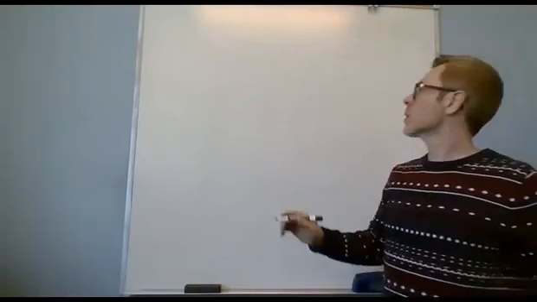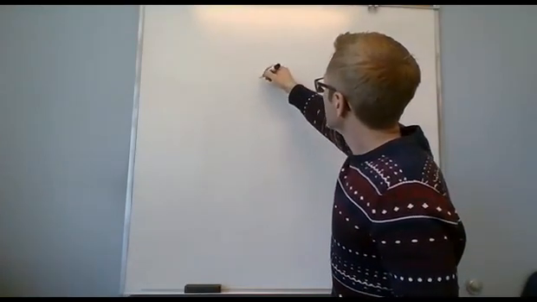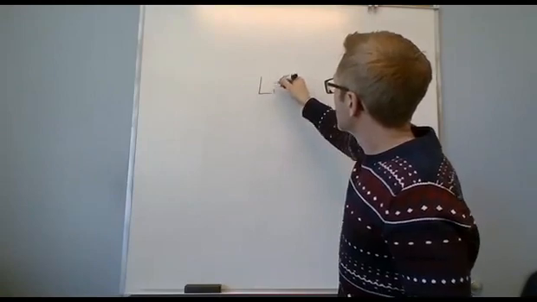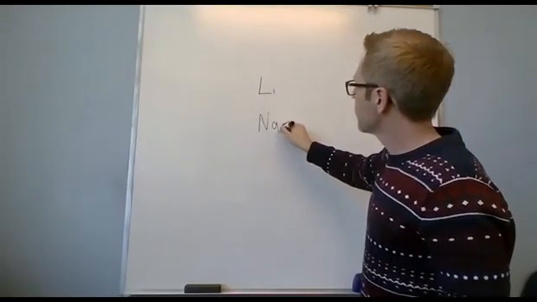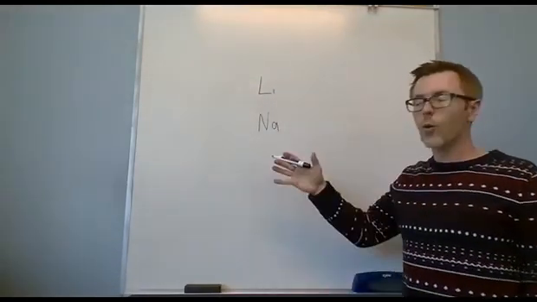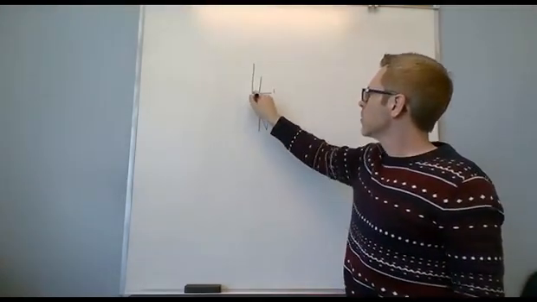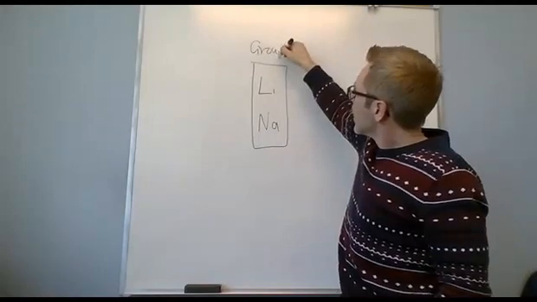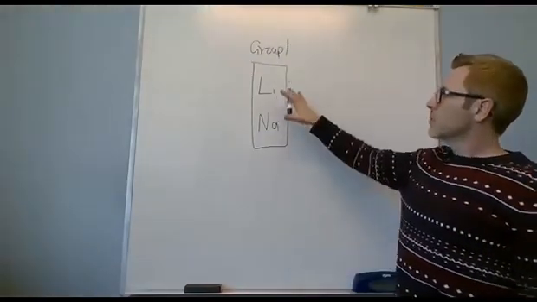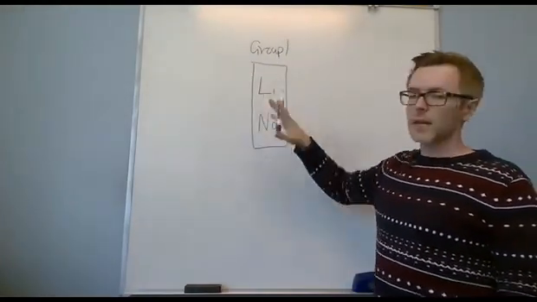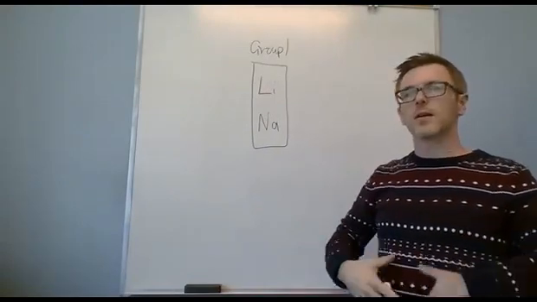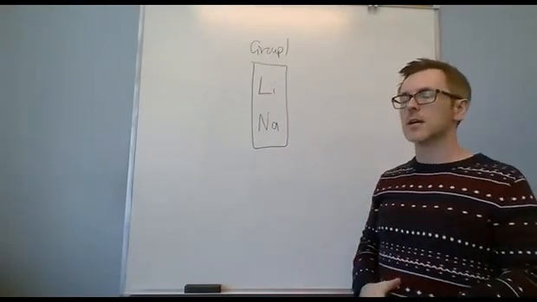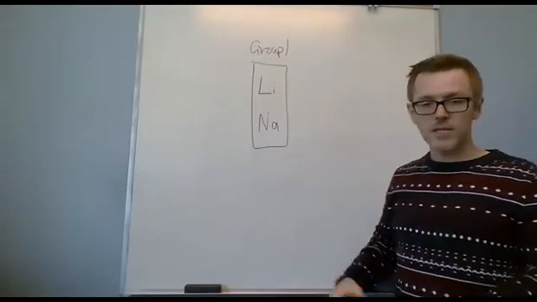Let's look at lithium and sodium. This is group 1, so this is down a group. If we can understand why sodium is weaker than lithium, we'll understand why ionization energy and electronegativity decrease down groups.